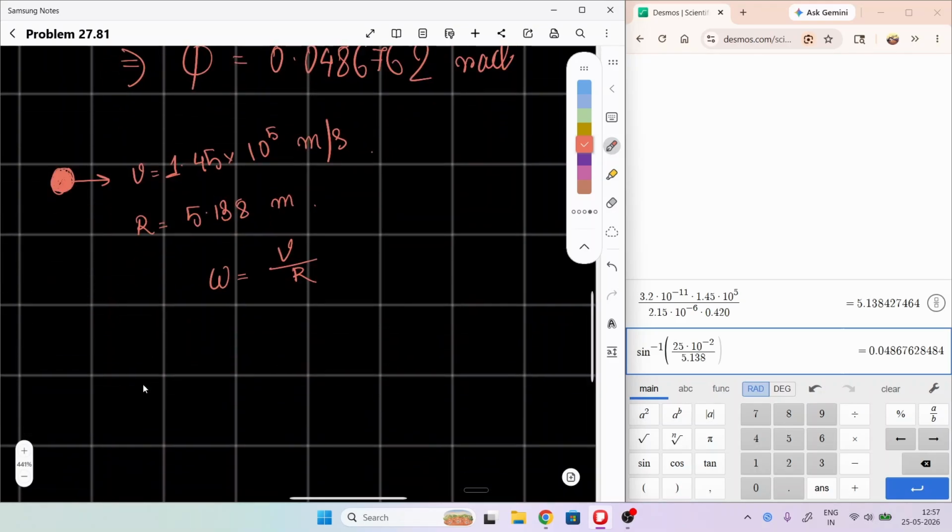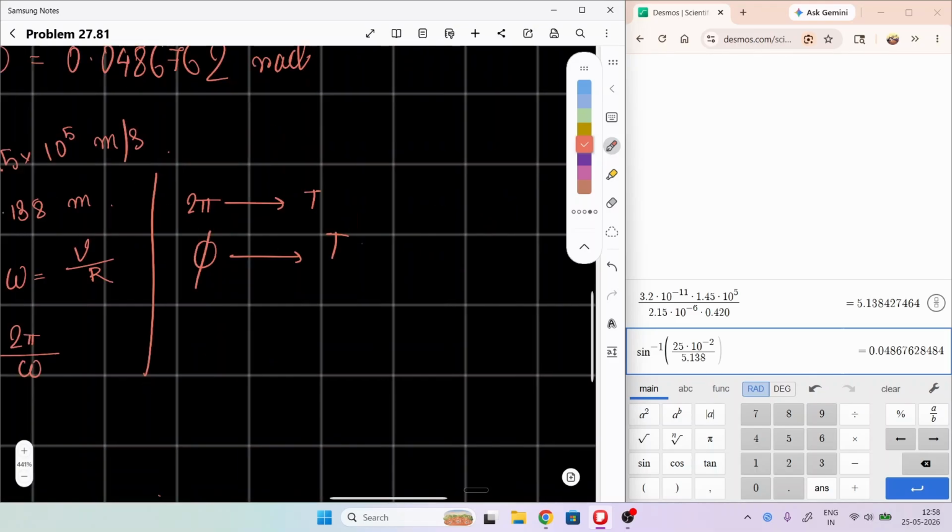So we can calculate its time period of circular motion, 2 pi by omega. So to rotate 2 pi, it takes T seconds. To rotate phi radians, how much time would it take? T into phi upon 2 pi, which is equal to T1.